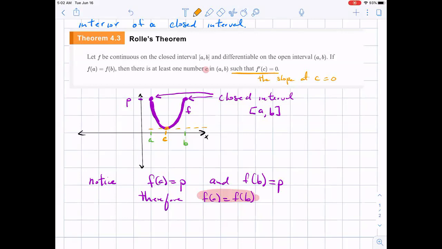You can think of any graph where this is possible. Try to make up a graph and see that once f(a) equals f(b), the slope is 0 at some c value.